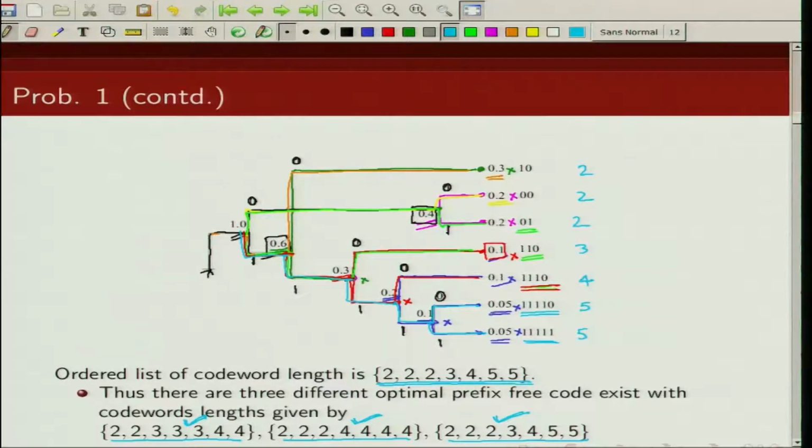So you can see for a source which emits this 7-ary random variable with these probabilities, there are fundamentally 3 different ways in which we can construct an optimal binary prefix-free code.